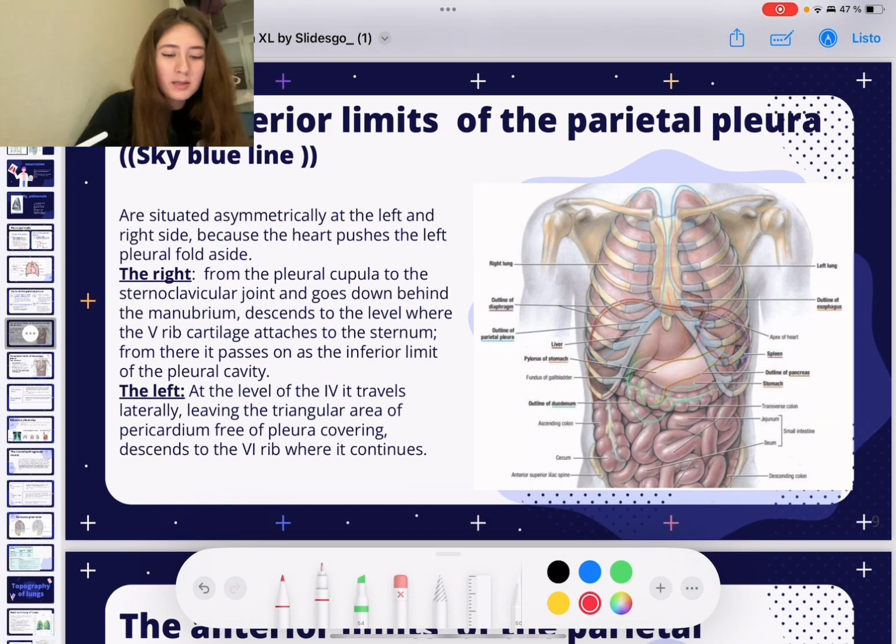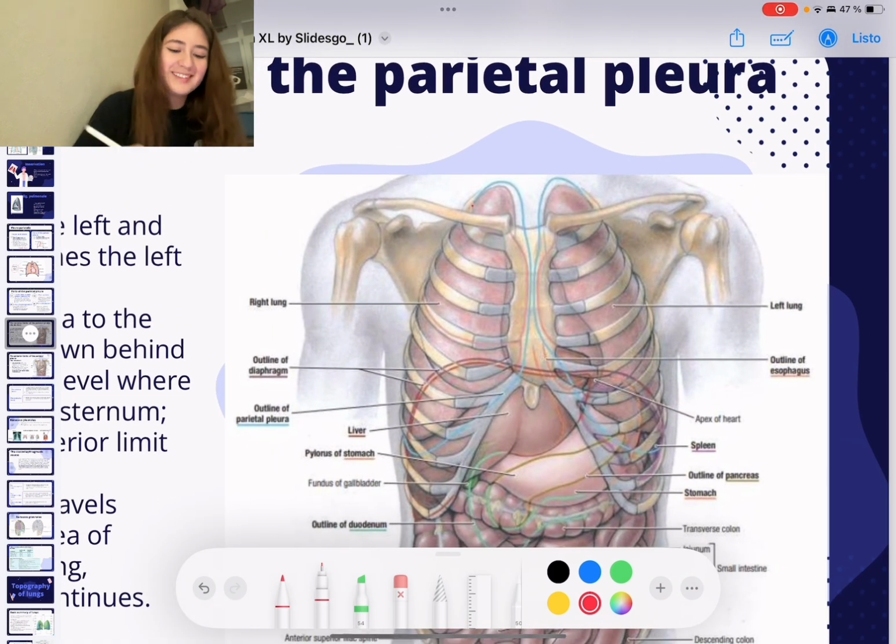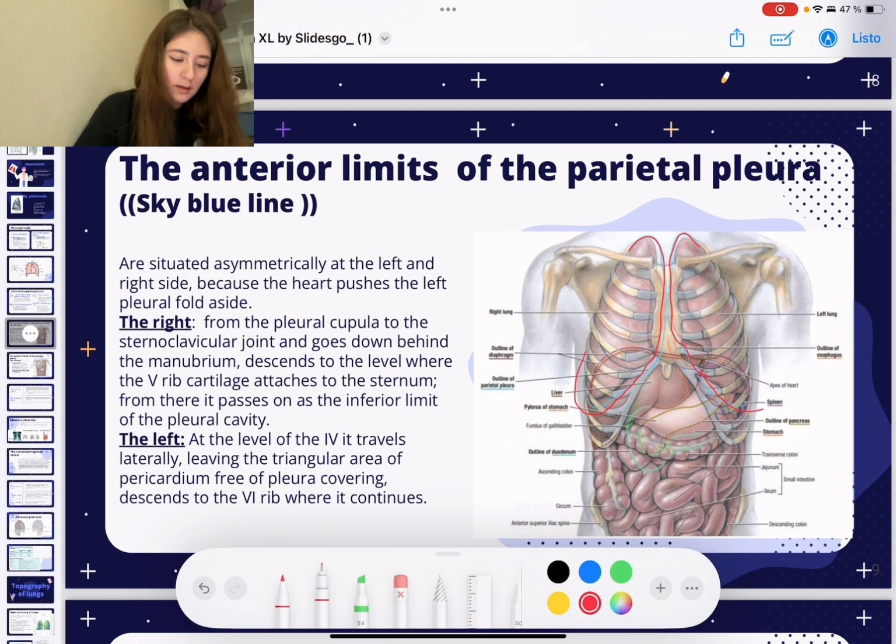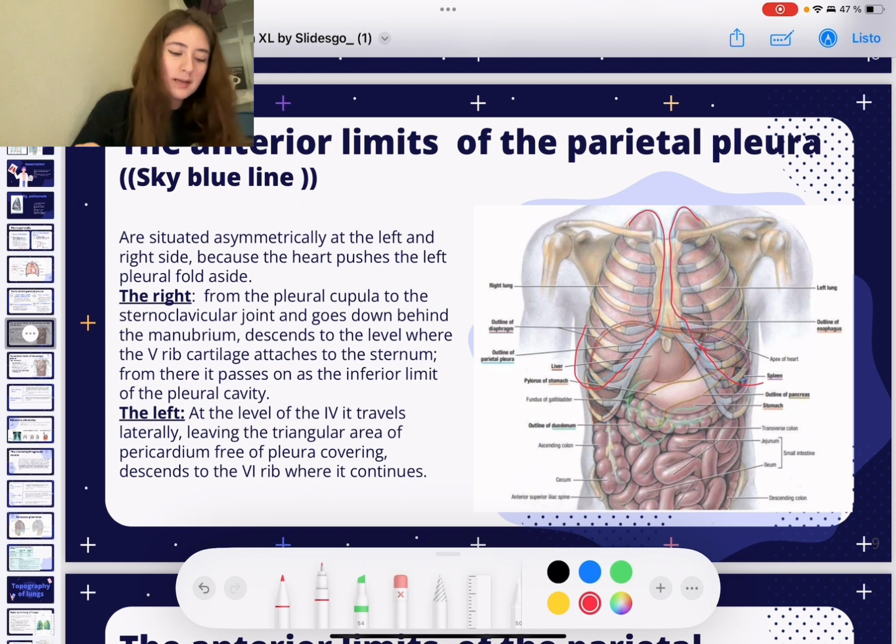The anterior limits of the parietal pleura, which are in sky blue here, are situated asymmetrically at the left and right side because the heart pushes the left pleural fold aside.